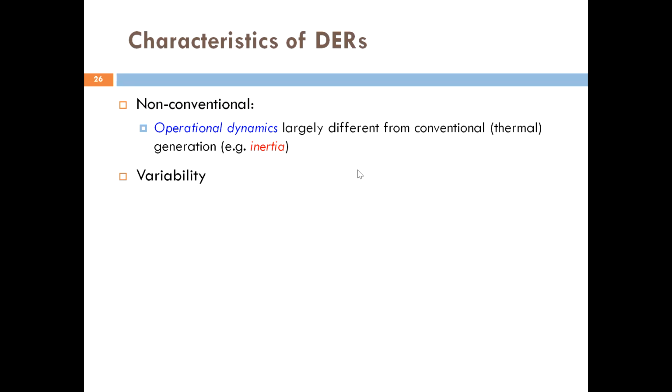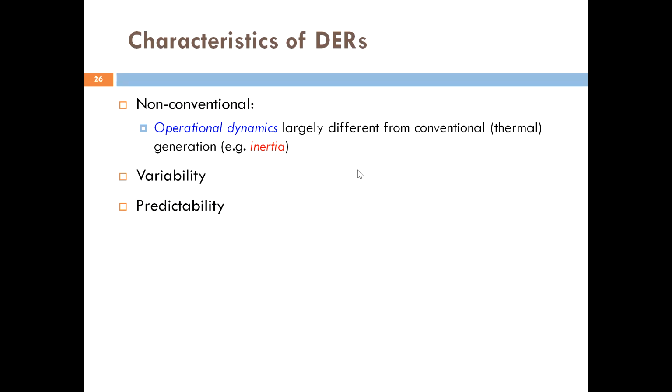Then we can highlight also the aspects of variability. Most renewable-based power generation is variable because it is dependent on weather conditions, which are variable in nature. Then predictability is also an important aspect.